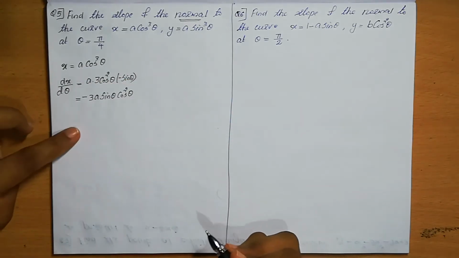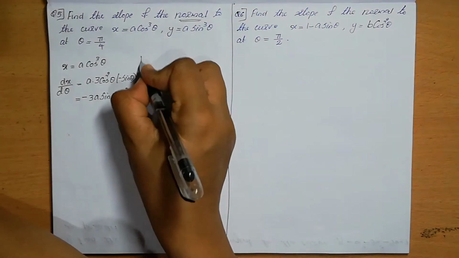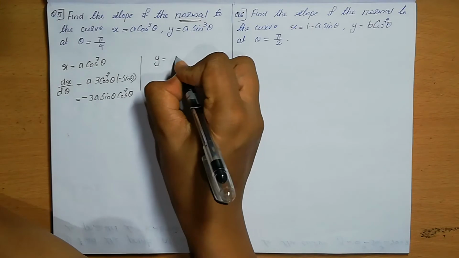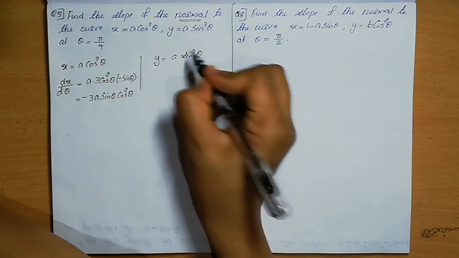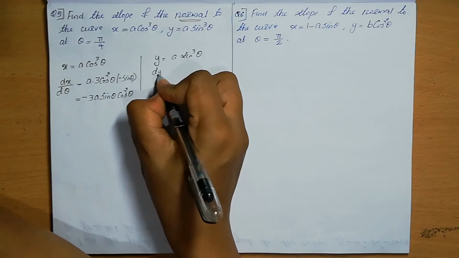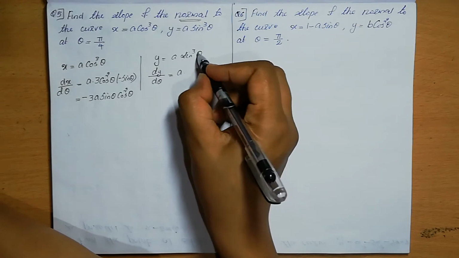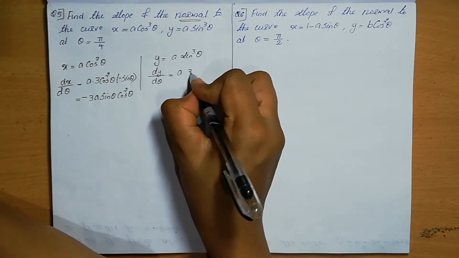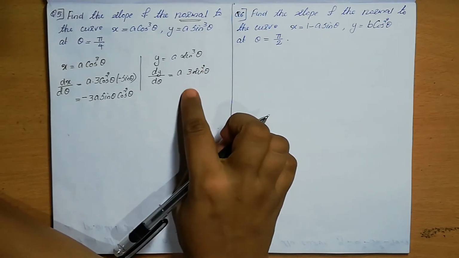Next we are going to find the value for y. Differentiating y, that means y equal to a sin cube theta, differentiating with respect to theta. That means dy by d theta equal to a, which is a constant. Derivative of sin cube theta is 3 sin square theta, like derivative of x cube is 3x square.